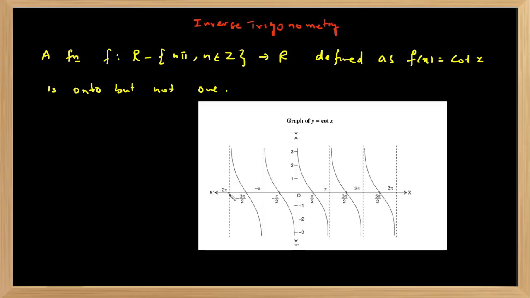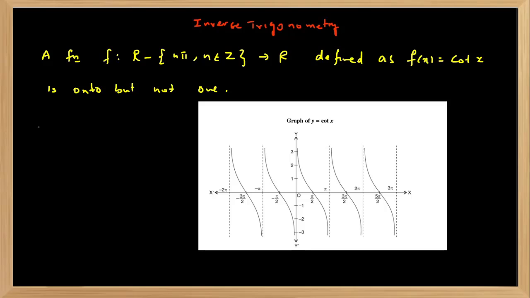In minus 2 pi to minus pi open, it is 1-1 and onto. In minus pi to 0 also it is 1-1 and onto, because if in this part you draw a horizontal line it will meet the graph at only 1 point. In 0 to pi also, in pi to 2 pi, in 2 pi to 3 pi.